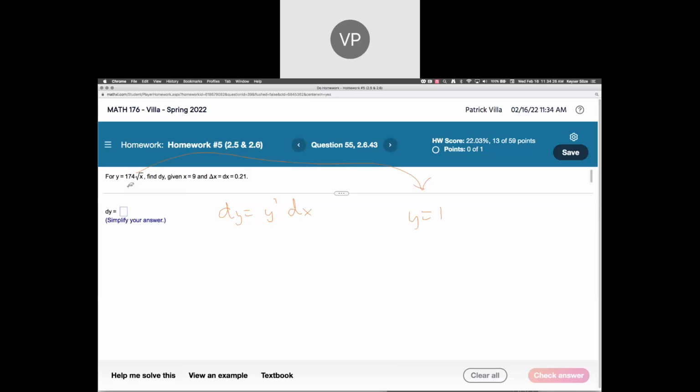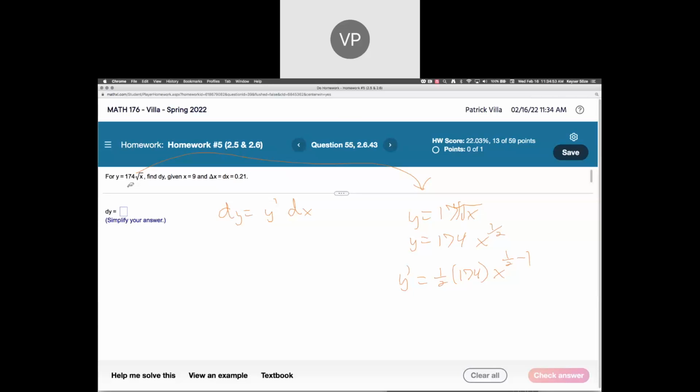Well, I have 174 square root of x. Rewriting that, that means 174x to the 1/2. Remember the definition. We dealt with one of these the other day. So now I find the derivative. I take 1/2 times the 174, and then x is going to be 1/2 minus 1. Same rule as always.